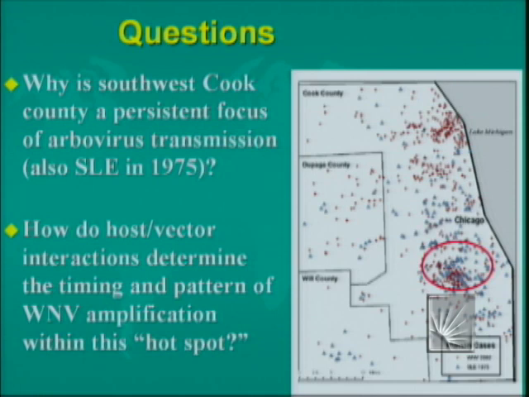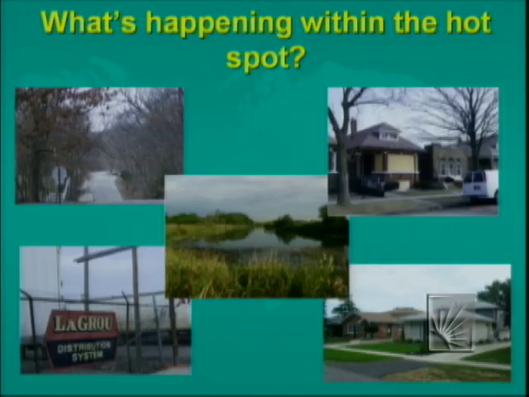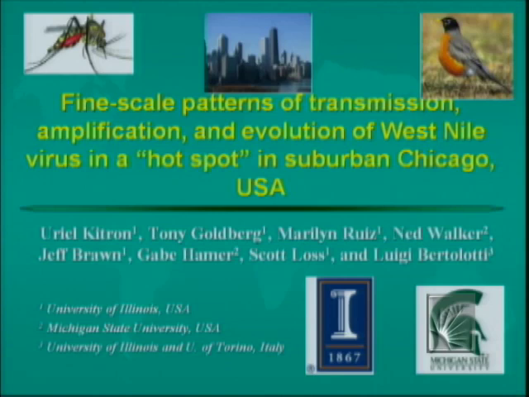And to put it in ecological terms, how does the host-vector interaction determine the timing and the pattern of amplification of the virus within these hotspots? So we decided to look much more closely in the hotspot. We said, let's look very closely at what's happening in a relatively narrow area and see if we can start to understand the pattern.